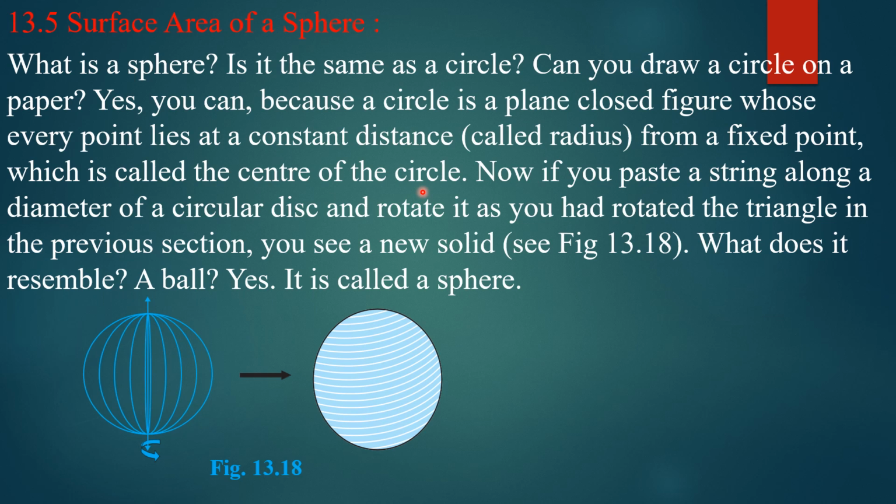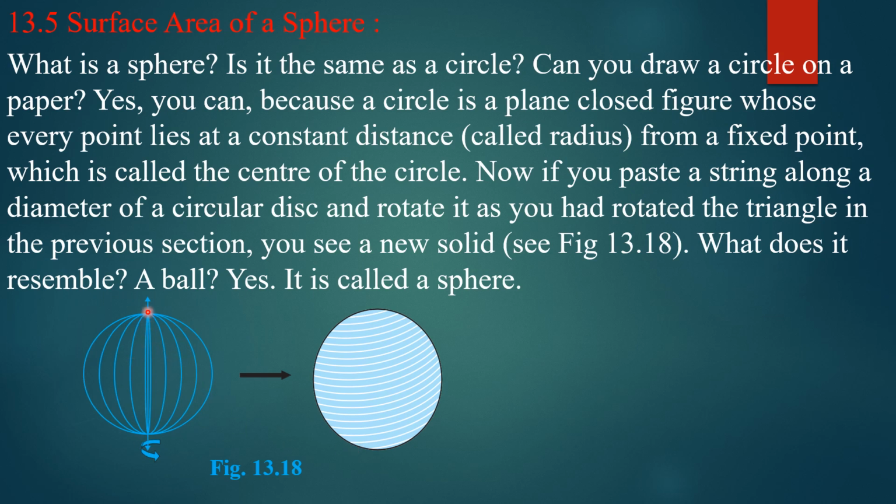Now, if you paste a string along the diameter of a circular disc and rotate it as you had rotated the triangle in the previous section, you see a new solid. See the figure 13.18. See here a circle.